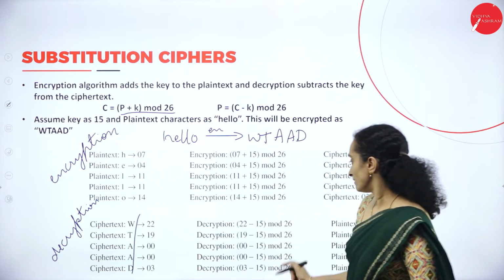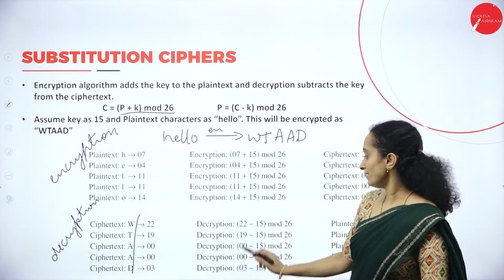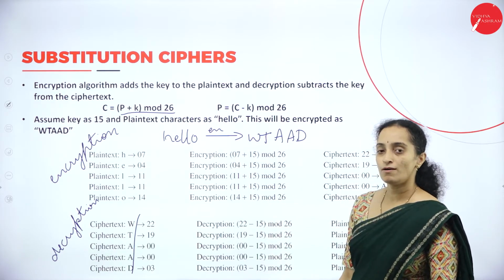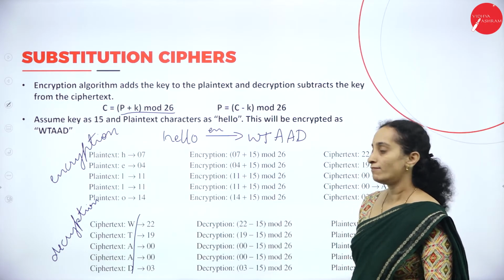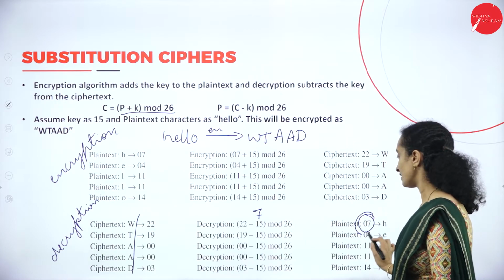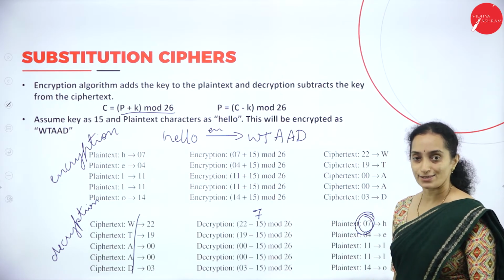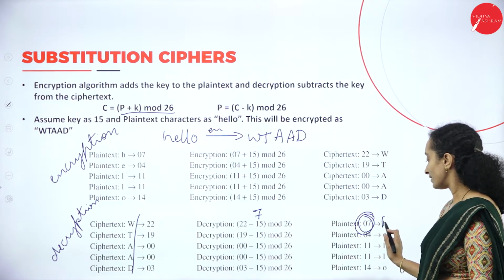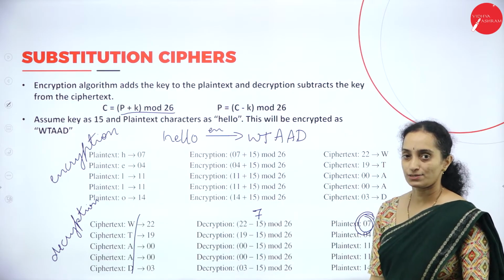So the decryption for 22 minus 15 gives 7 mod 26, which is the plain text value 7, the character H, isn't it?